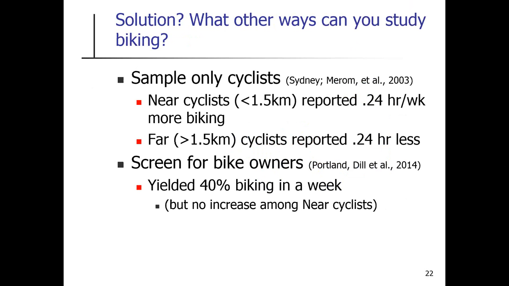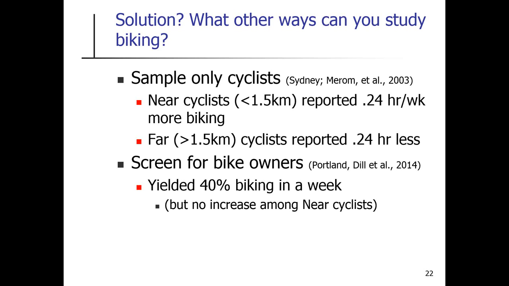So if you really want to study biking, what would we want you to look at? You could sample only cyclists. This is one of the few studies that actually found that near cyclists increased their biking over time once a nearby path was completed, and far cyclists actually decreased their biking over time.